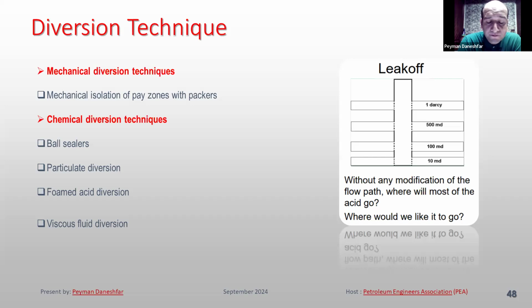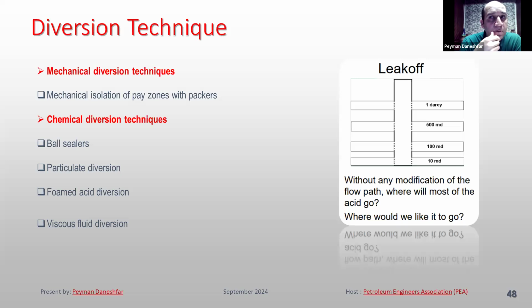When you have a small permeability in a sandstone, the best stimulation technique is hydraulic fracturing. When you have low permeability in a carbonate formation, you can do fracture acidizing.